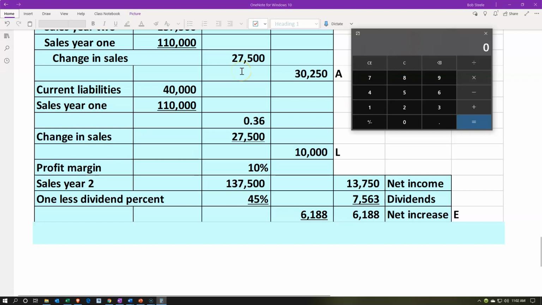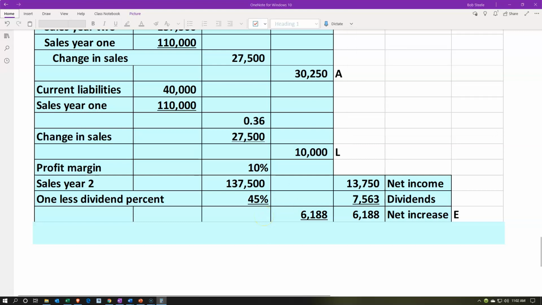So the 137.5 times 0.1, that's our net income, times the amount that we're going to keep, which is 1 minus 55%, or 45%, 0.45. That's going to give us about 6,188. So that's our equity side of things.